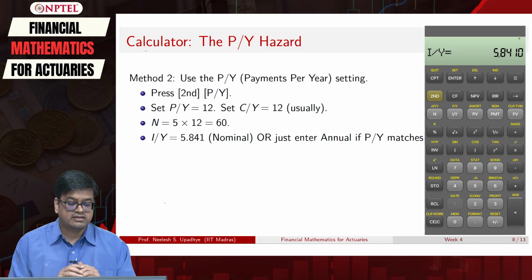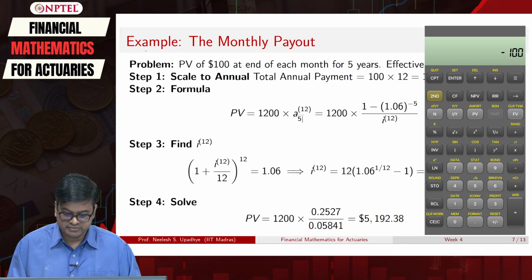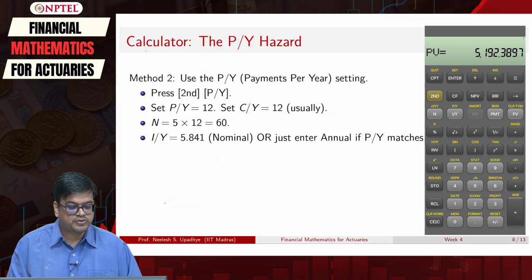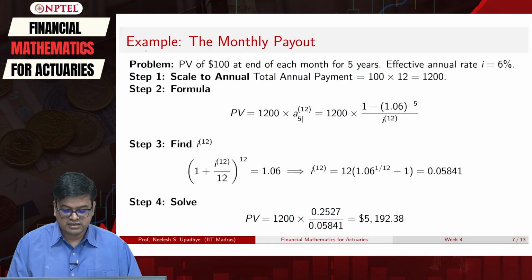Okay. And then you have to put in the PMT, the payments per month. In this case, it was 100. So you put that as 100 and then you compute the present value. You should get the answer that you are seeing on the screen. Okay.